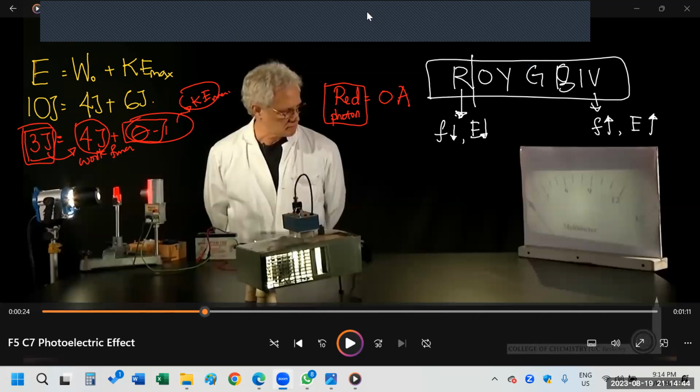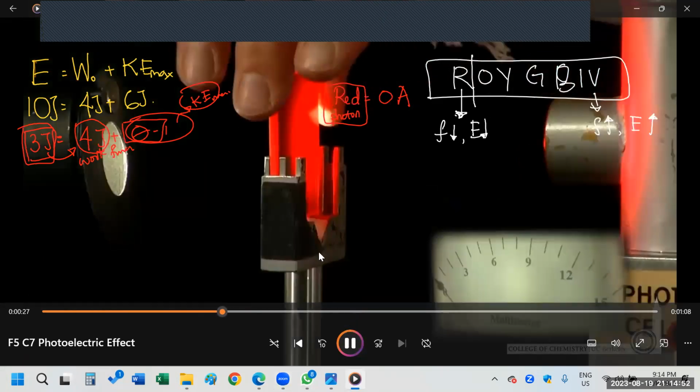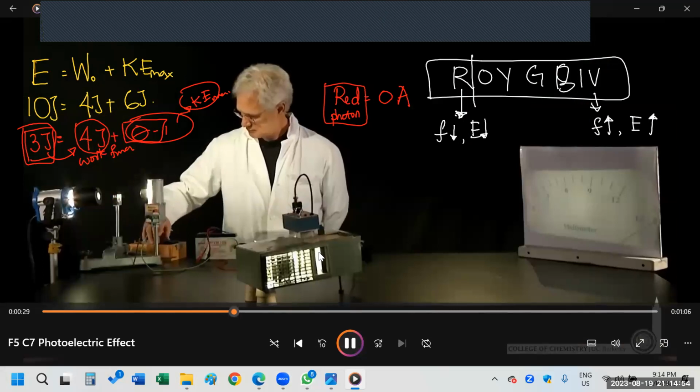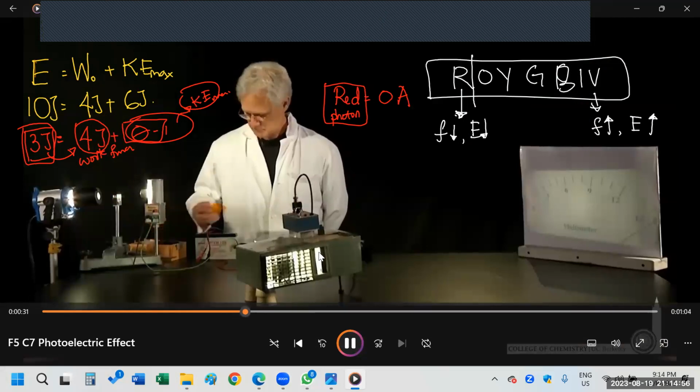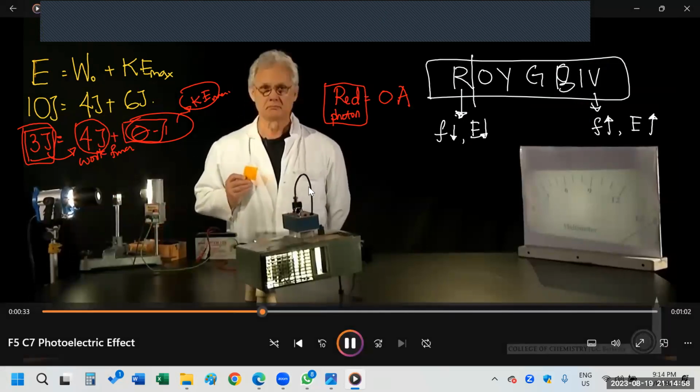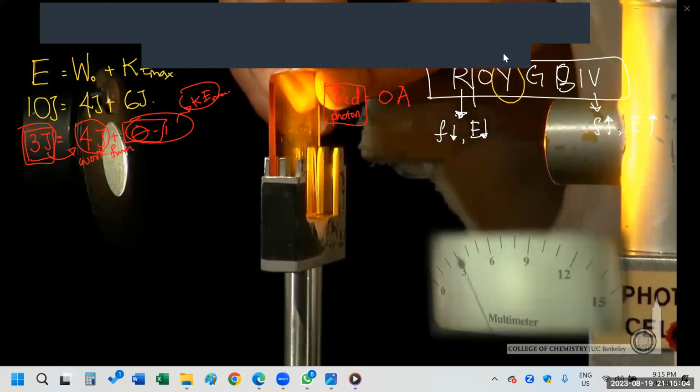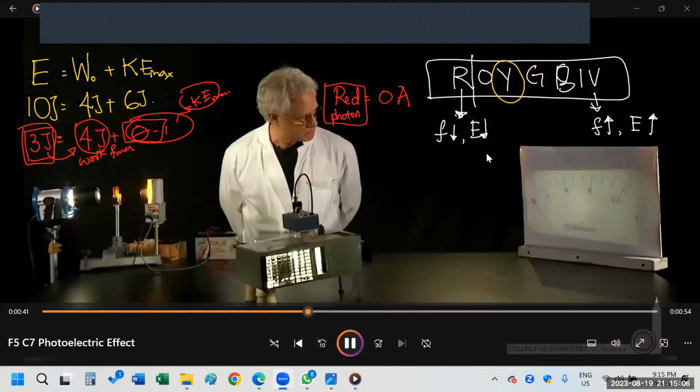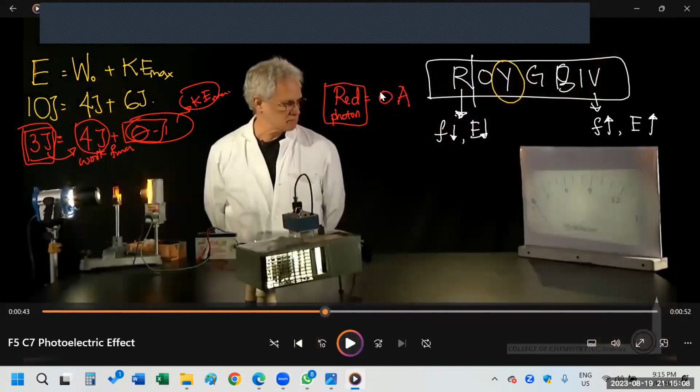So let's see what will happen next. If we go to higher energy photons, say go to yellow light, that's a shorter wavelength and higher energy photons, they may be able to eject photoelectrons. And indeed, photoelectrons. Yes.